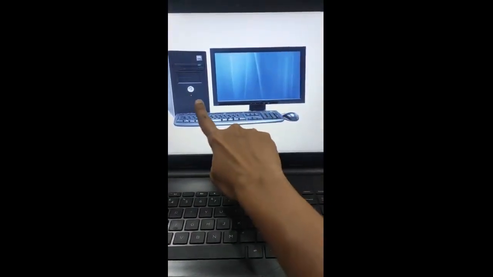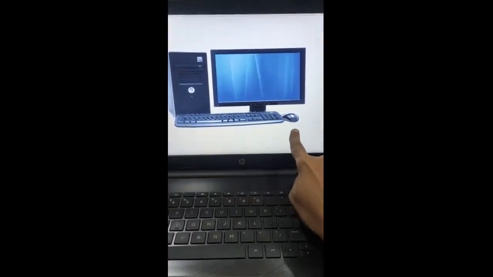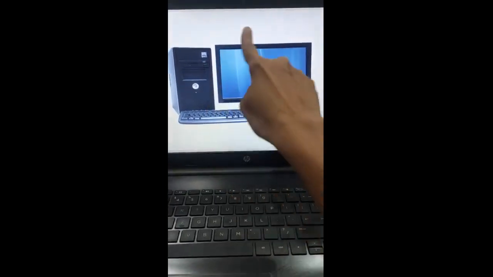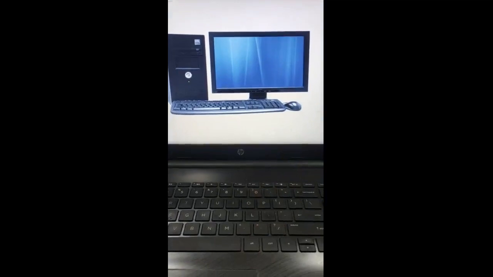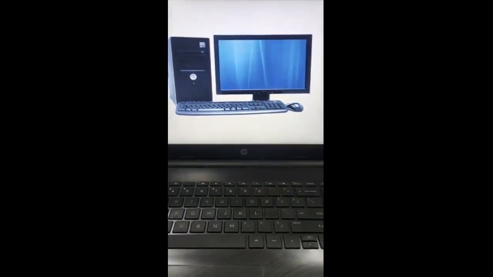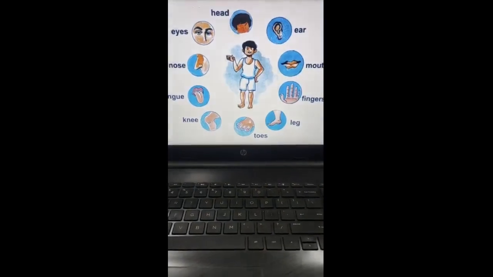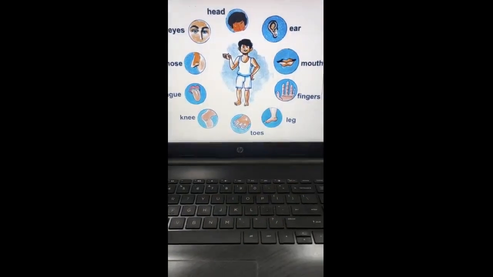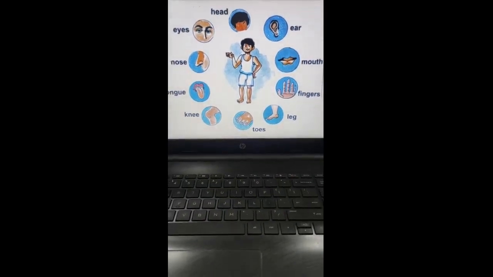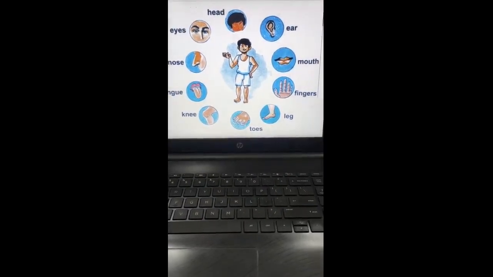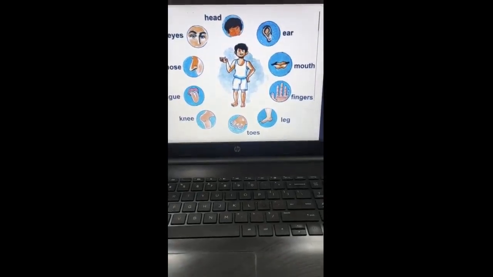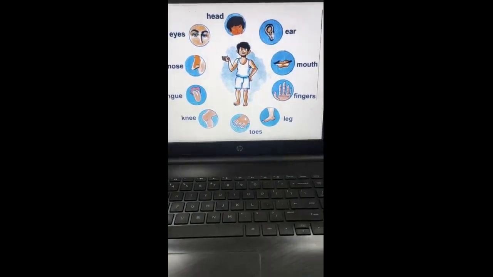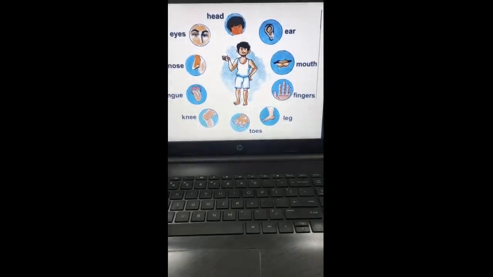This is this one and this one. They all together make a computer system. Alone they cannot work. Similarly, dear children, do you know that our body also has many parts like head, eyes, nose, tongue, knee, toe, leg, fingers, mouth and ears. So, dear children, every body part performs a different function.